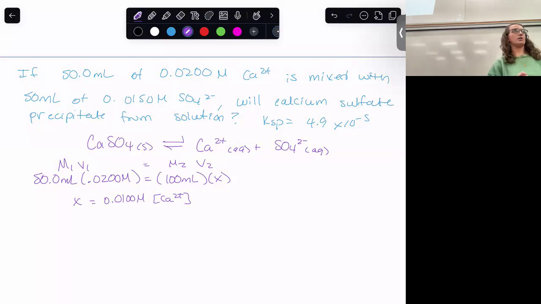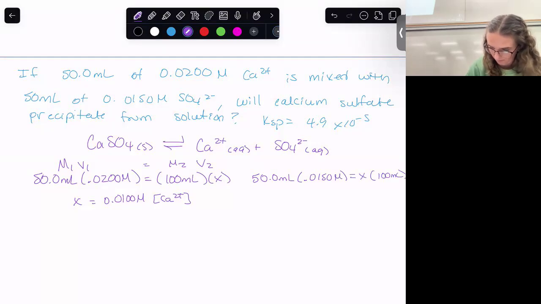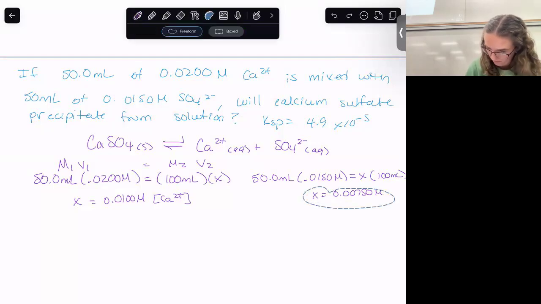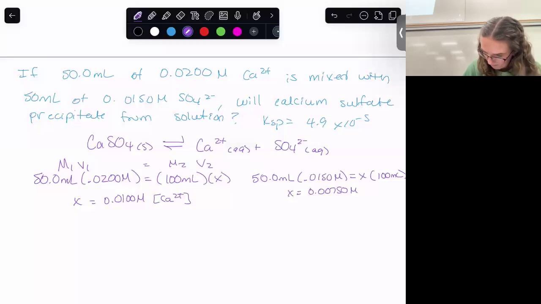Can we find the concentration of our sulfate ions? We have the concentrations of calcium ions and sulfate ions.